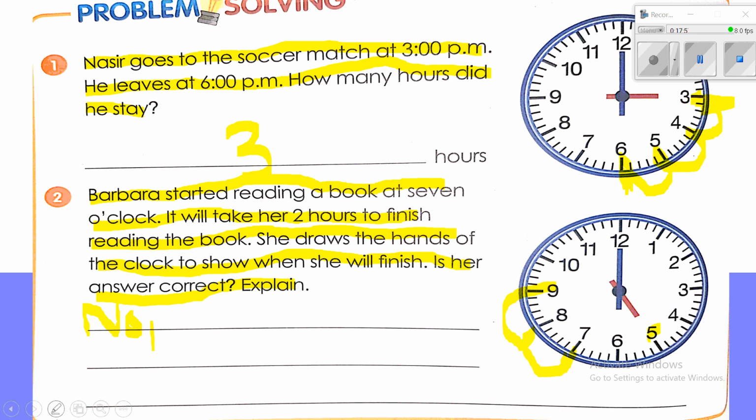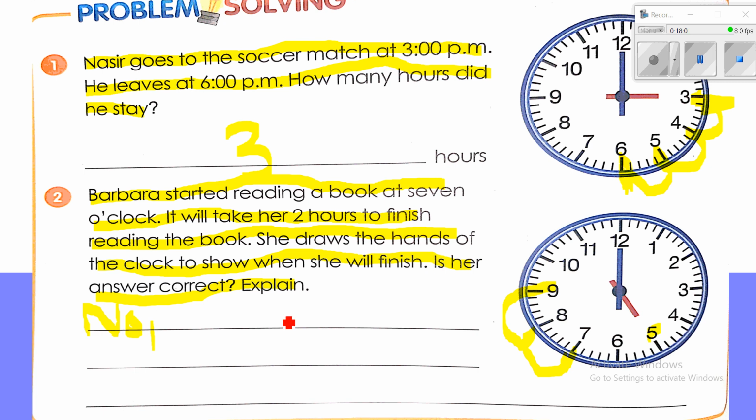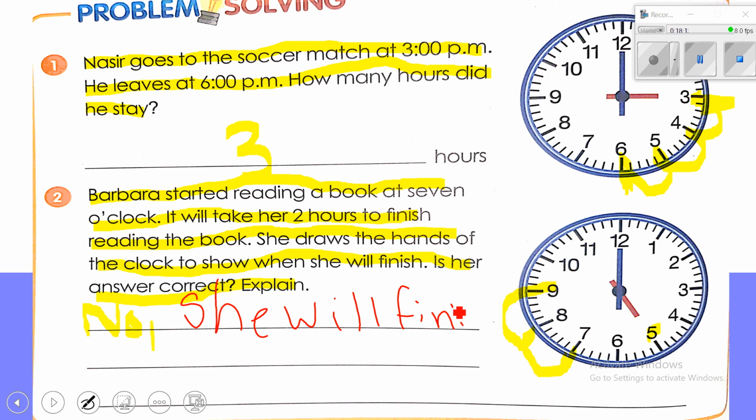I have to bring the pen. No, she will finish at 9 o'clock.